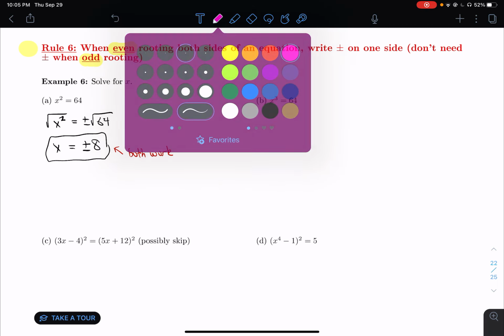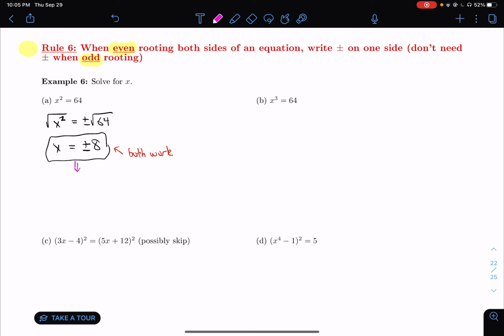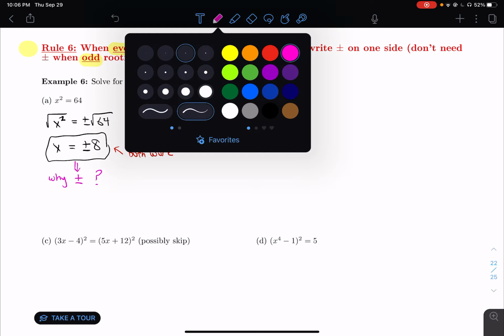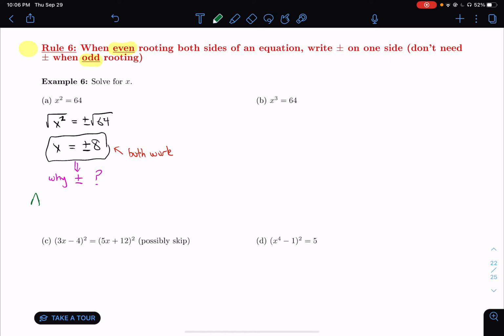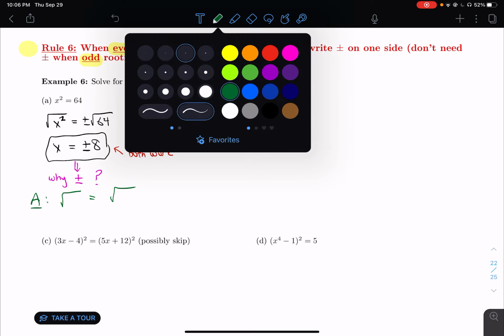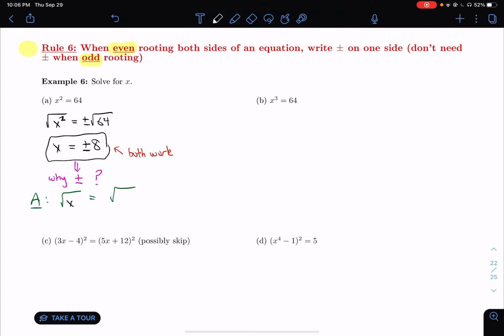Even the negative answer, when you square the negative, it goes away and it works. So the question I want to ask about this is, when I even root both sides of the equation, why do we get a plus or minus? If I write the square root on this side, and the square root on the other side, then I have the square root of x squared here and the square root of 64 on this side.